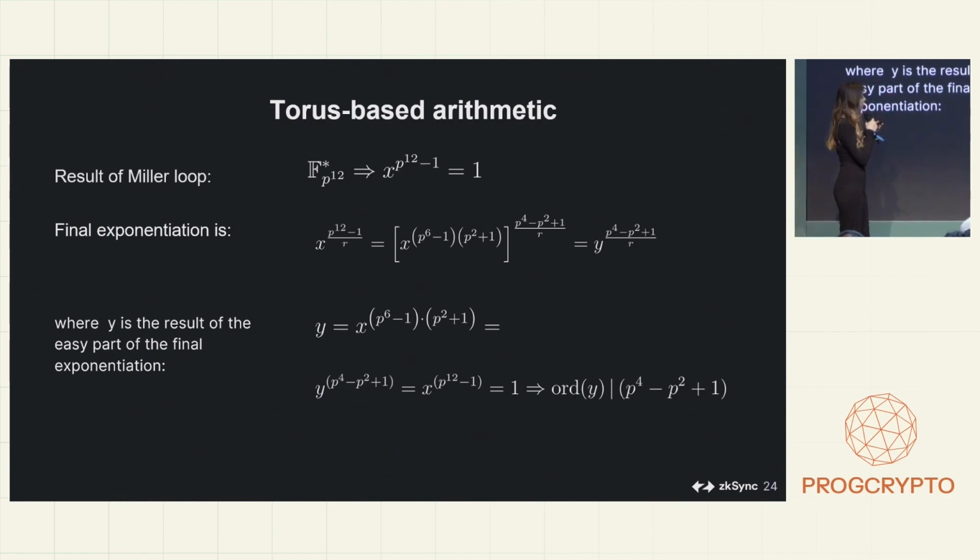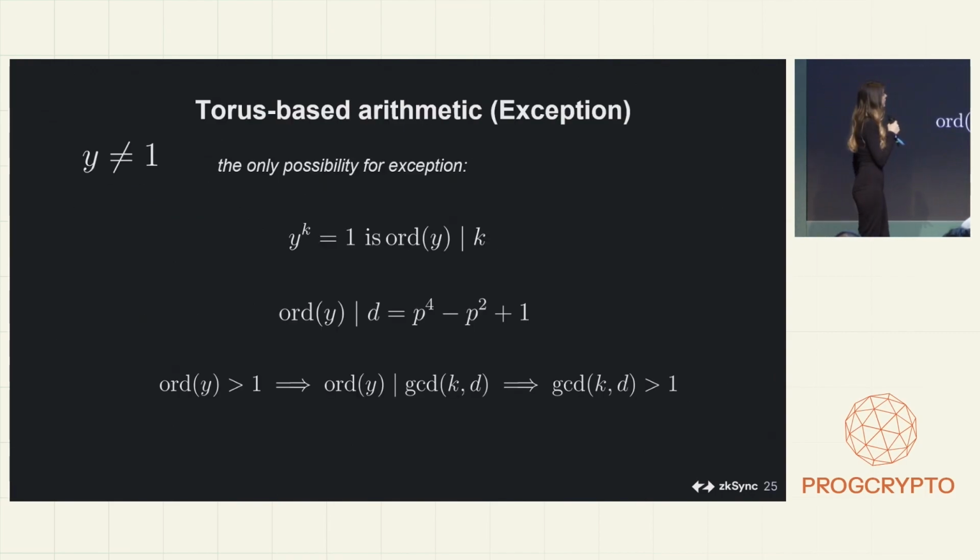And we use this torus compression actually for the hard part, but we can actually have an exception. We can show points 1 and -1 in a torus. It's an exception.